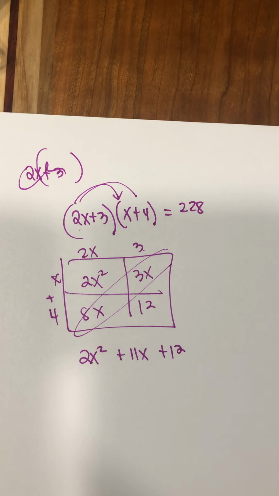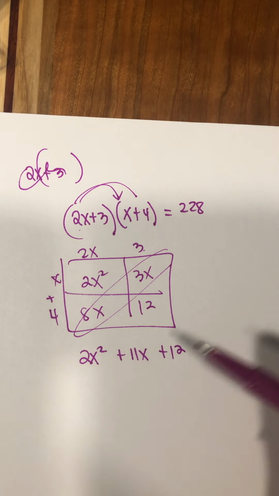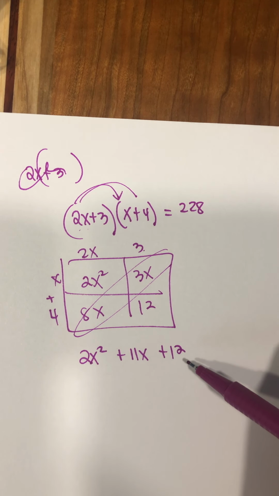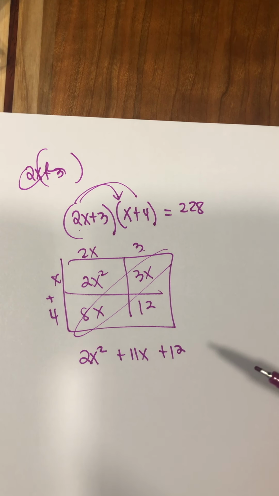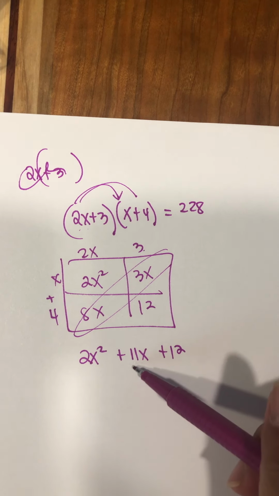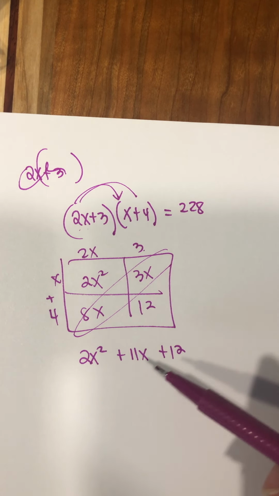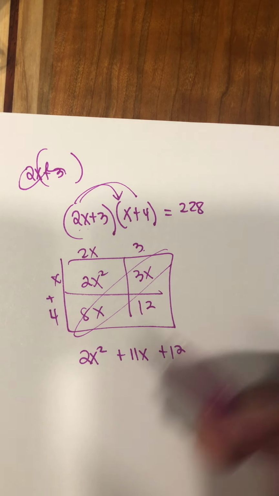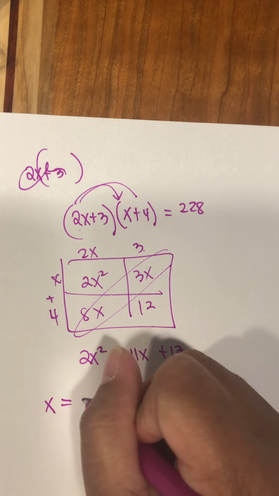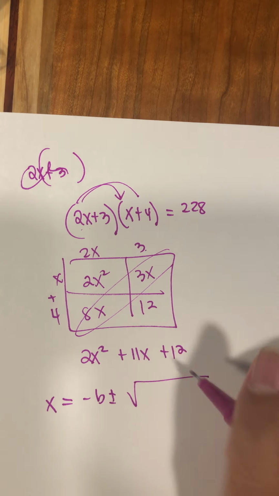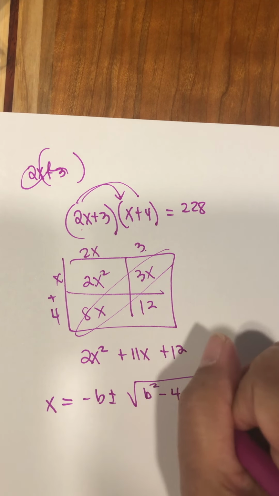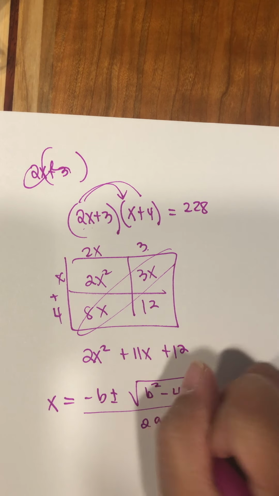All right, so extracting the square root, no. Zero product property, that would give you 4 and 3. Nope, no. Completing the square, half of 11 is 5.5. Nope, that wouldn't work. So we're going to use the quadratic formula: x equals negative b plus or minus the square root of b squared minus 4ac over 2a.